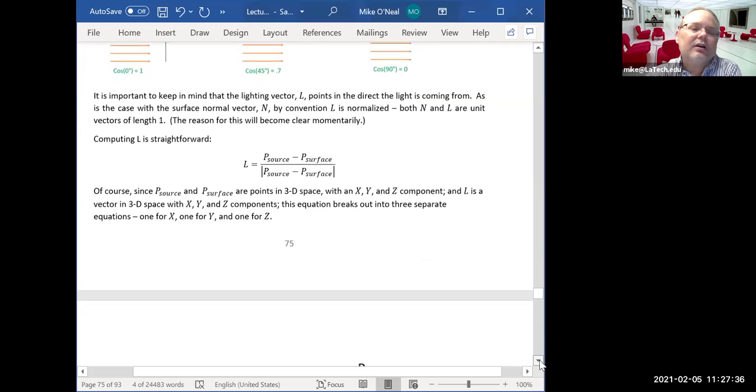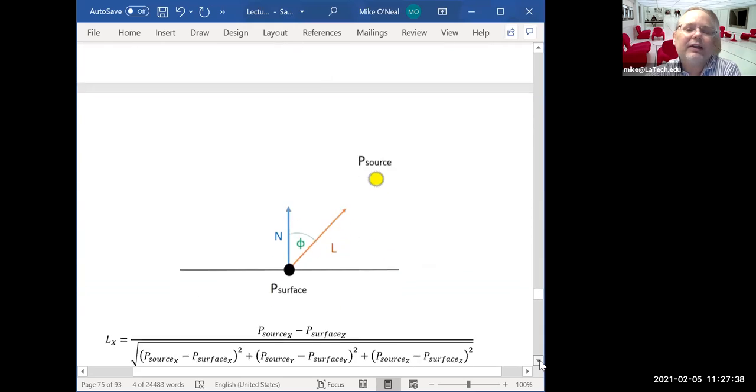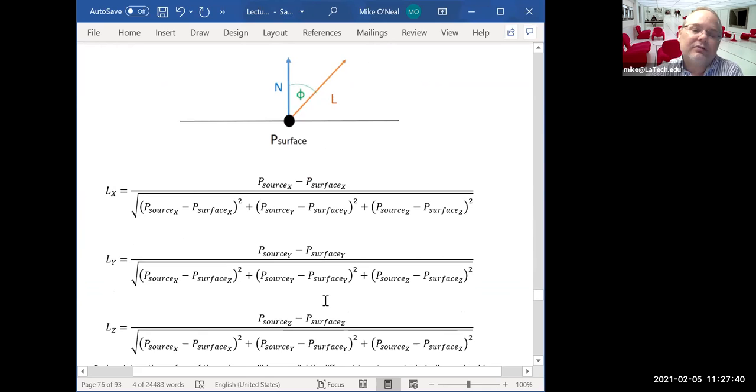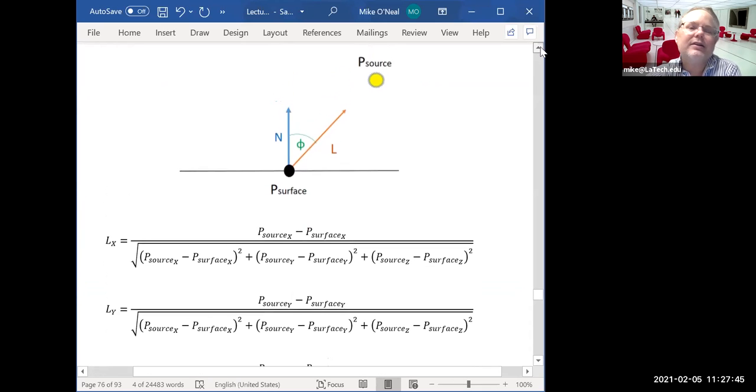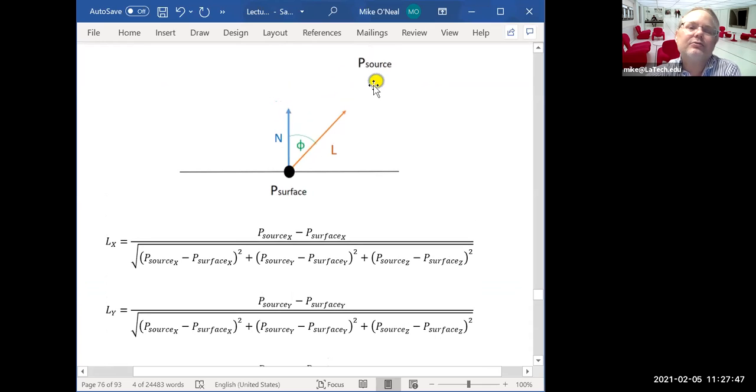So you could compute it, and here are the equations. I even break them out into x, y, and z. So here's your light source, but it's really at infinity in this case. Well, if it's at infinity, then it doesn't matter what point you are on the surface, because the surface is flat, the surface normal is always the same.